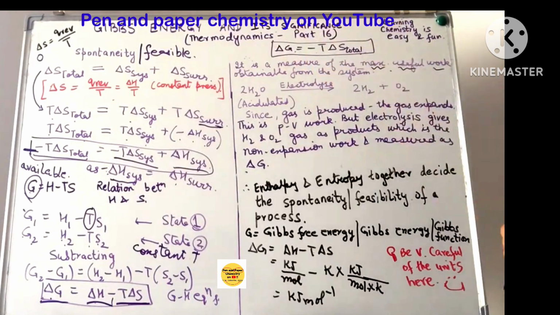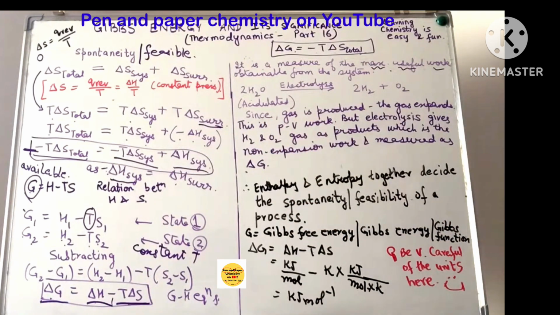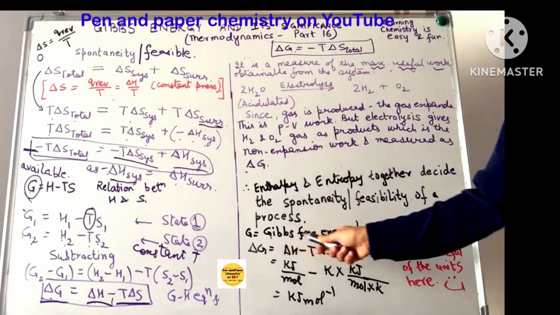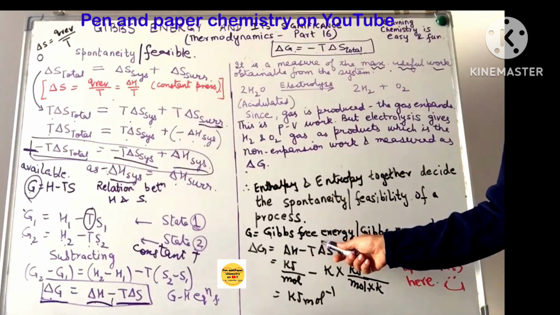What is G? This G was initially named, as I said earlier, the available energy or the available work. It was later called Gibbs free energy after the name of the chemist who gave this concept.